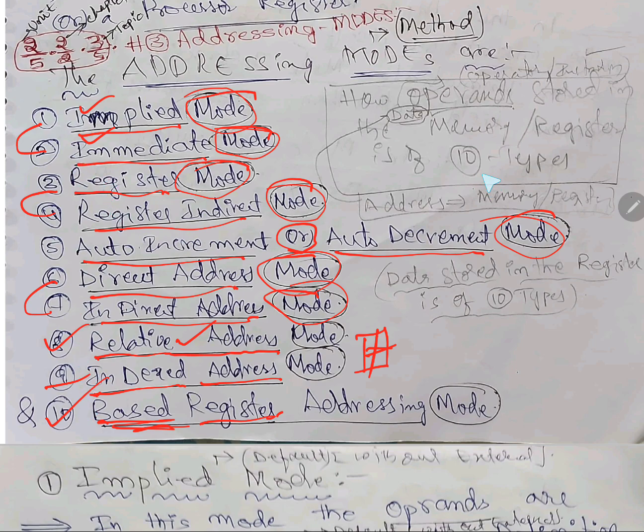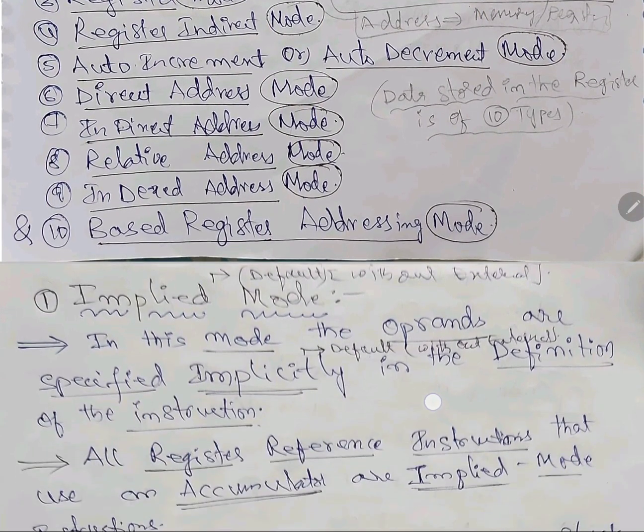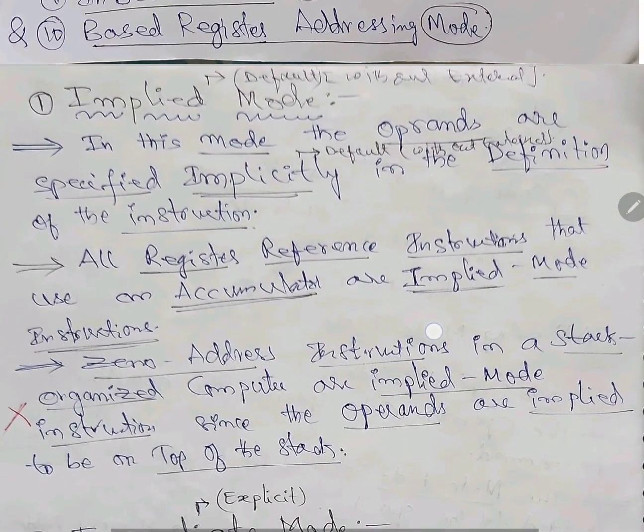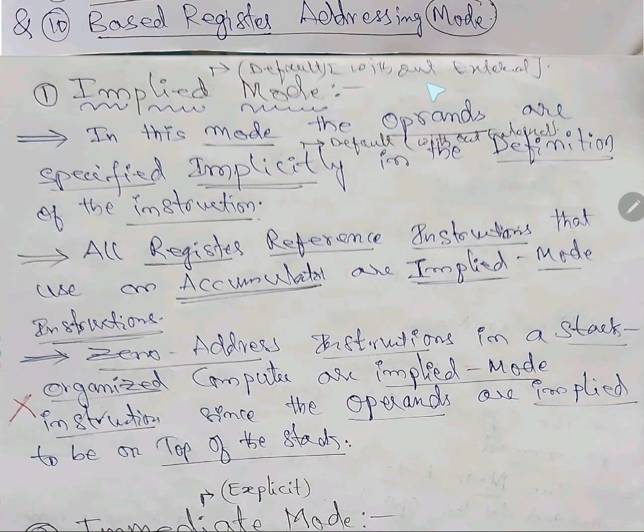Now we will explain each one, writing side headings with a black pen as you would in the exam. Very simple. First one is implied mode. Implied means default; without any external inputs we will find the data, right? In this mode, with a marker I will write, the operands are specified implicitly, automatically, in the definition of the instruction.